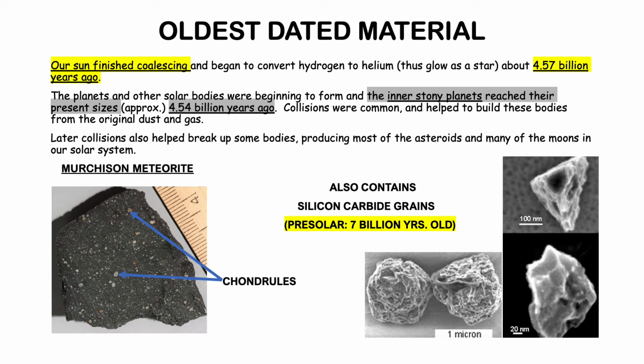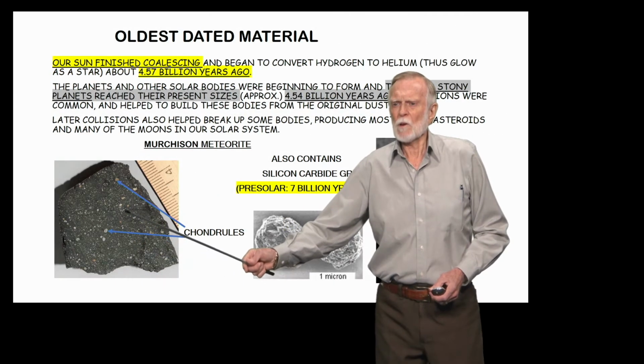Well, here's a slice of Murchison. You can see that black look to it, and that's because of the sort of tarry material. Not a huge amount of it, only 2 to 4% of the meteorite is this kind of material mixed in with everything. But there are the chondrules.